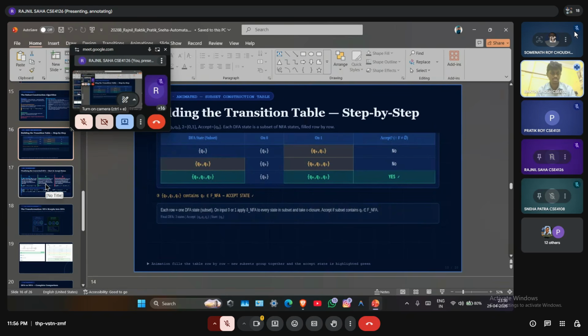As new subsets are discovered through transitions, they get added as new rows. Notice how the subsets group together naturally. When we hit a subset containing Q2, the NFA's accept state, the DFA state gets highlighted as an accept state. This table is the bridge between the NFA and the final DFA. Please move to the next slide.